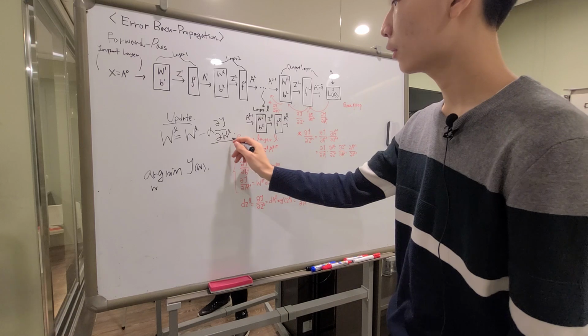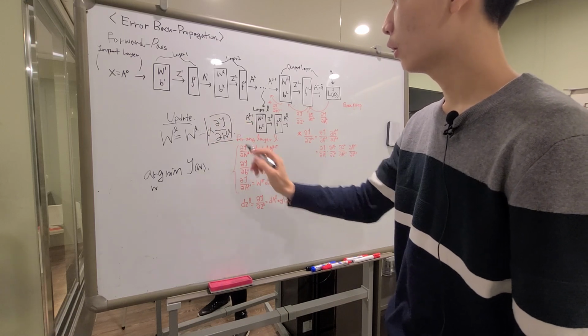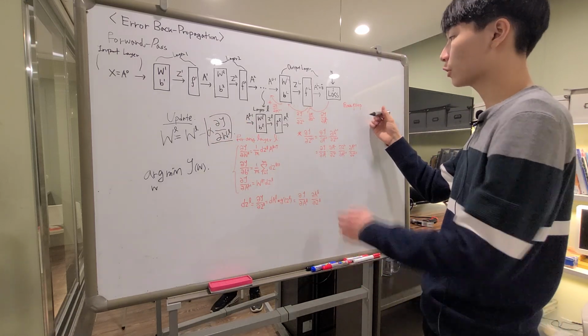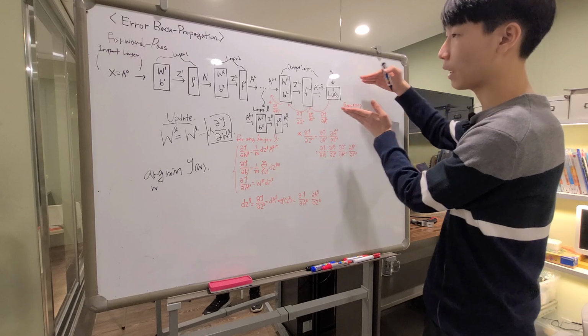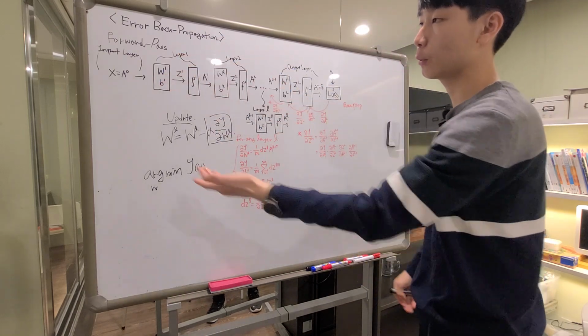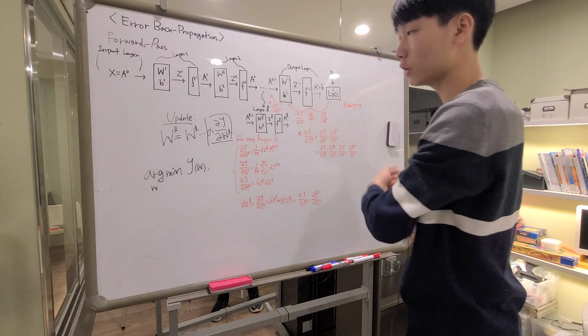So we need to calculate that derivative, and the reason why it's called backpropagation is that we propagate backward, whereas in the forward pass we propagate in the forward direction.